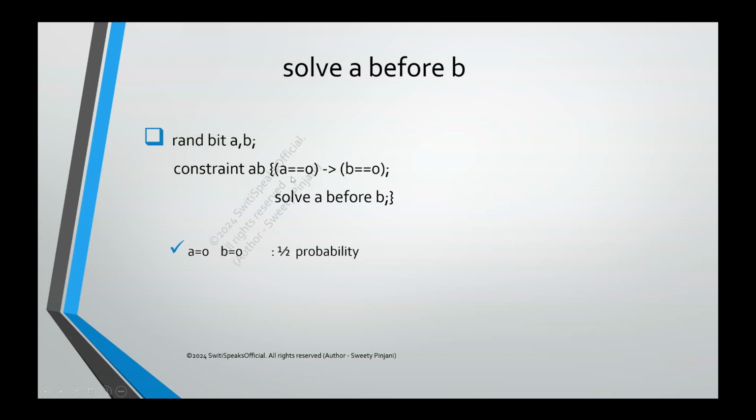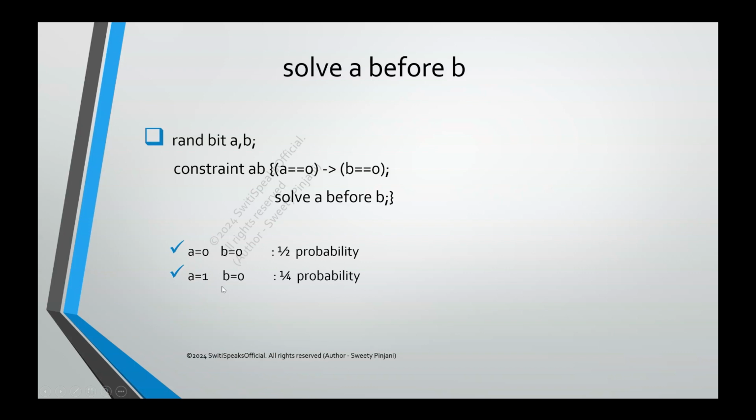Now, A equal to 1 got probability of half, and whenever A equal to 1, B can be either 0 or B can be 1. Both solutions are possible. So this total probability of A equal to 1, which was half, is going to be equally divided into these two solutions. Both these solutions are going to have 1/4 probability.